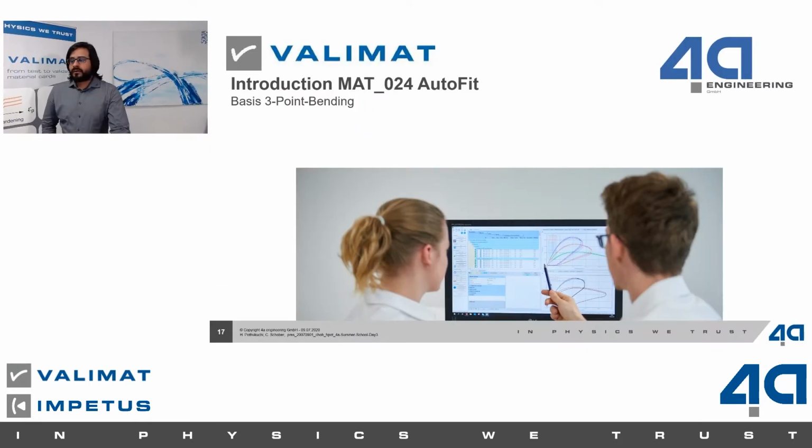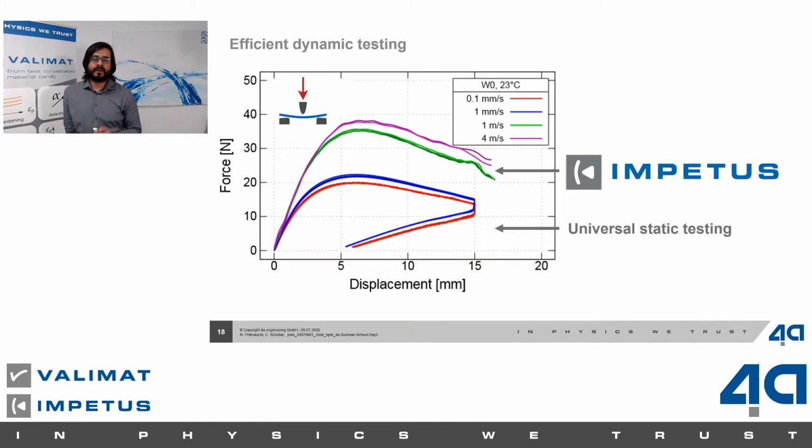So going further, this is the main focus for today: an introduction into the MAT24 material model in LS-DYNA, and also going through setting up the Autofit process and doing an Autofit workflow live based upon 3-point bending tests.